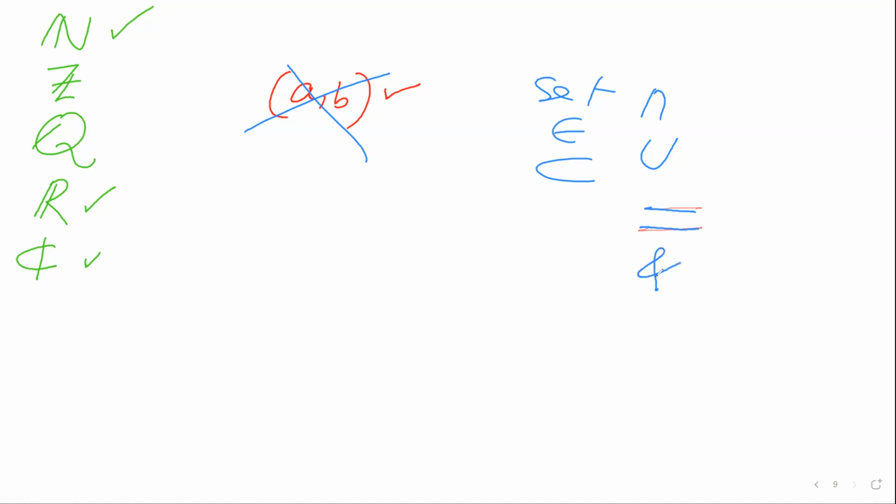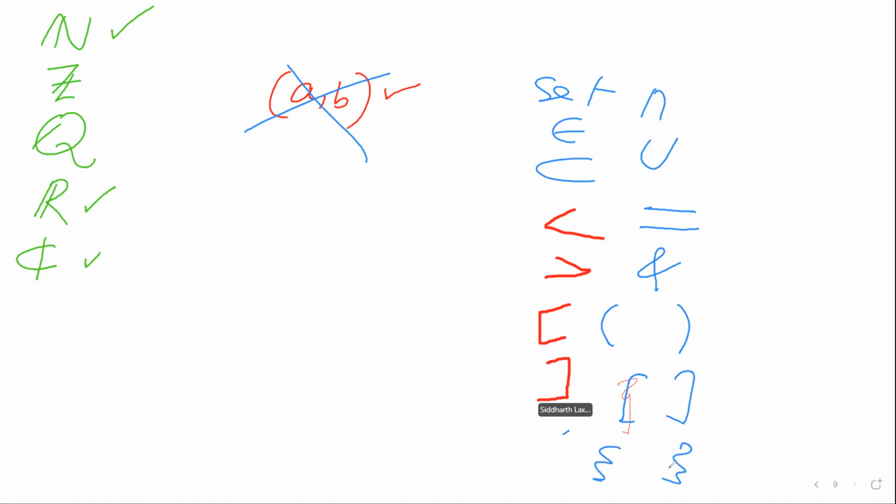If you want to be sticky, you have the left bracket, you have the right bracket, you have the square bracket, you have the curly bracket. This is your set theory. And you don't have any comma in there really. Comma is not part of it really. There is no ordered pair.